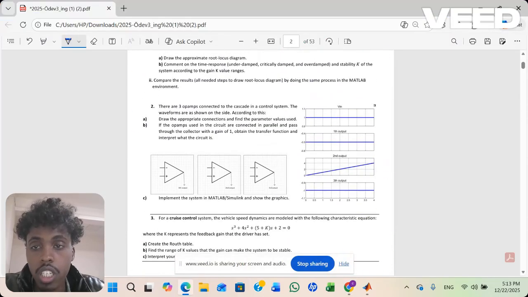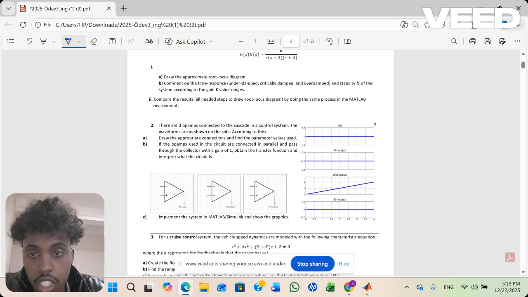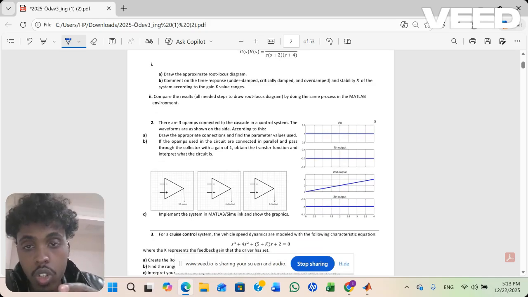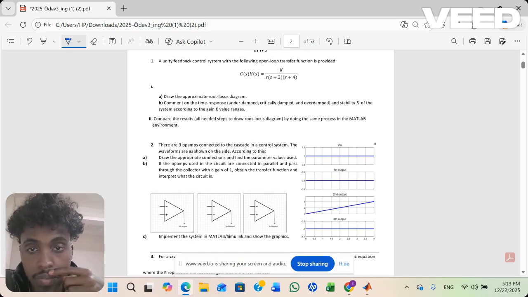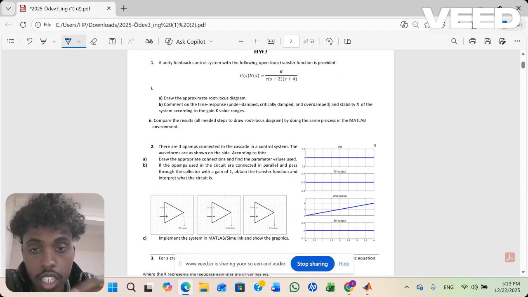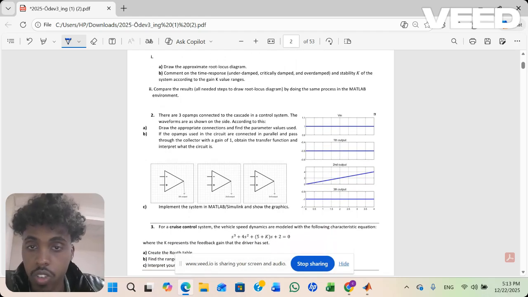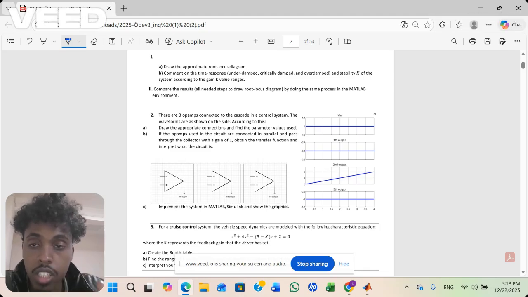The second question is: there are three op-amps connected in cascade in a control system. The waveforms are as shown on the side. First, draw the appropriate connections and find the parameter values used.